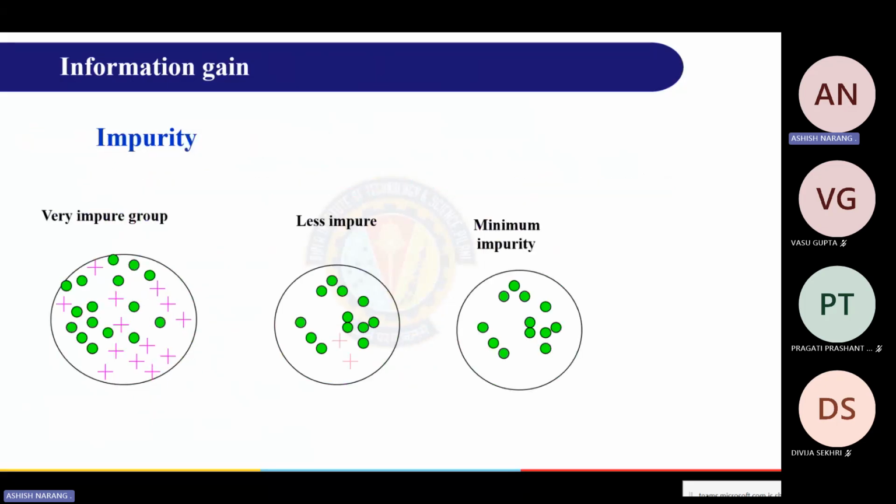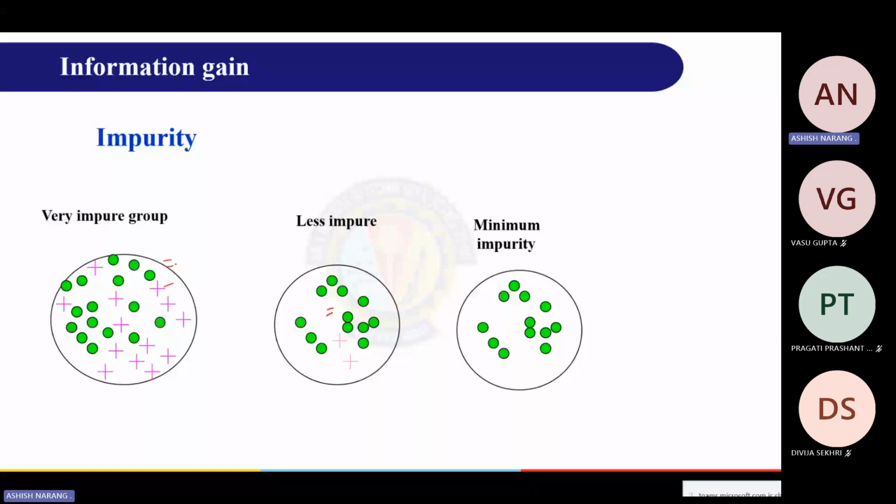So we'll look at this impurity. In this one, there are a good number of plus and green circles. In this one, the plus signs are reduced, only two, and the rest are green, all instances belonging to one class. So this has a high impurity, this has a lesser impurity, and this has minimum impurity.